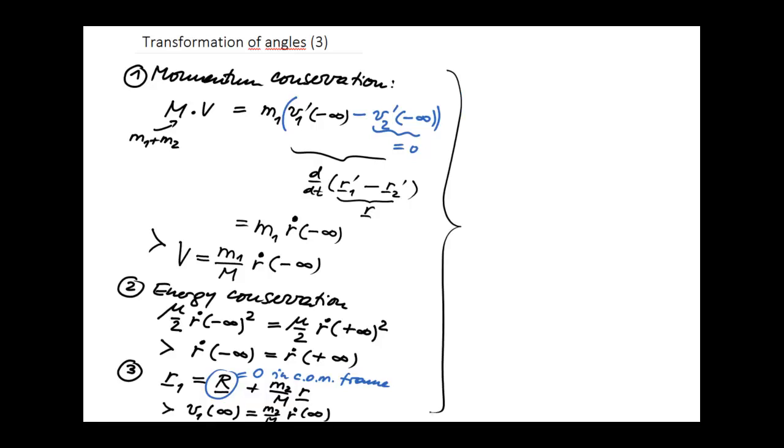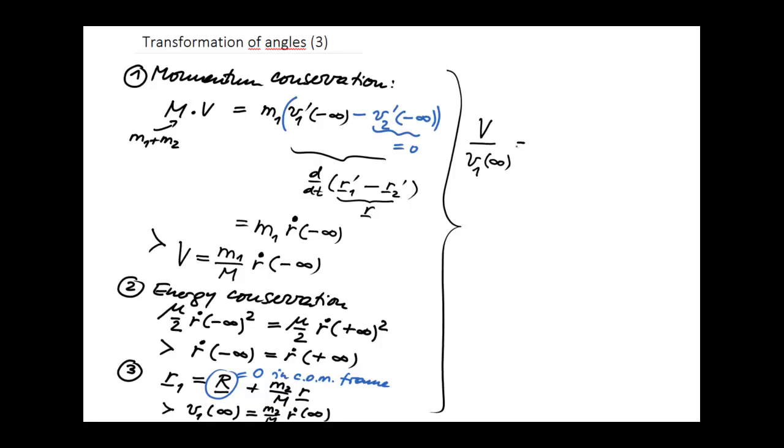These three inputs allow us to write the ratio of the velocity of the center of mass, capital V, over the velocity of the projectile at time plus infinity. That's what we have in this transformation formula for the scattering angles.